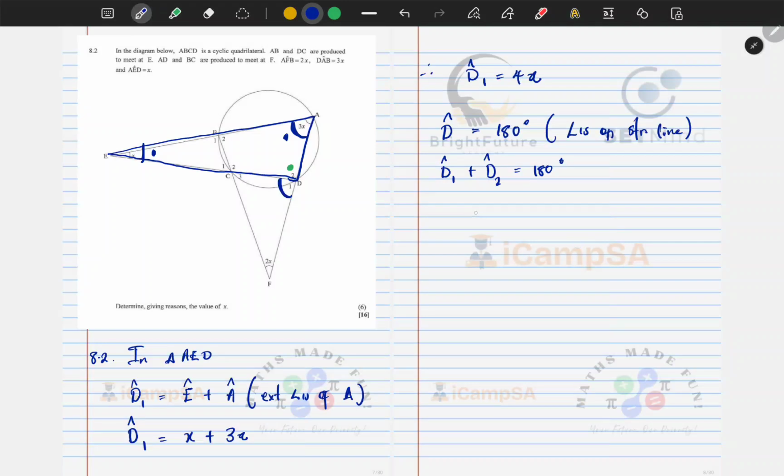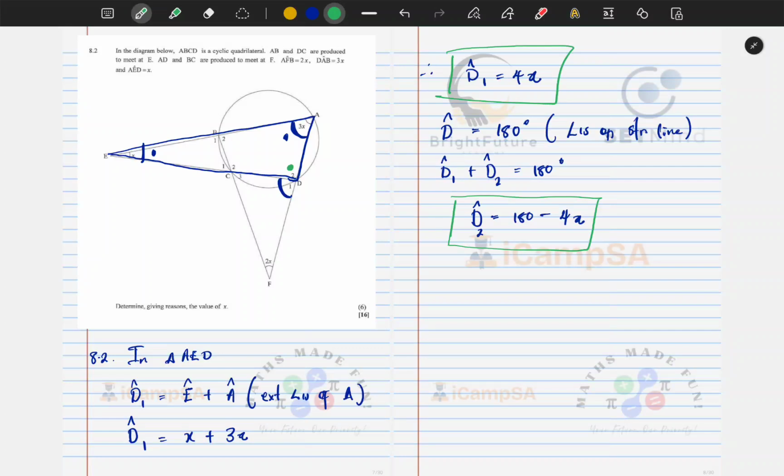So I want D2, so D2 will be 180 minus D1. D1, I already found to be 4x. So now I have D1, I also have D2. Let me see what else I can find.